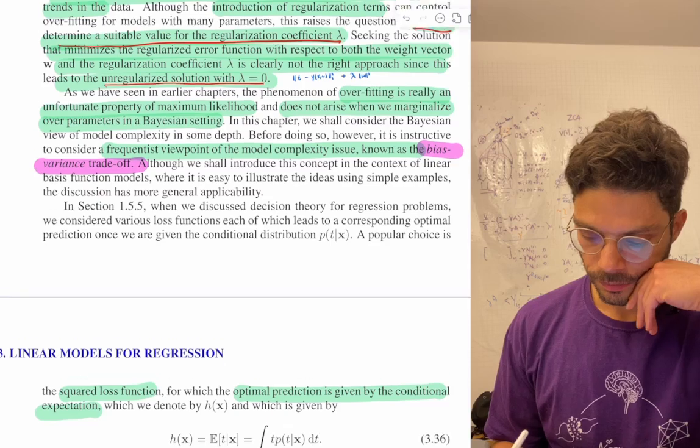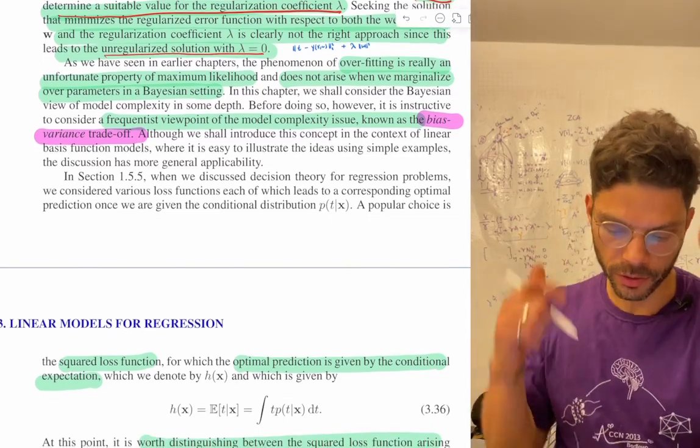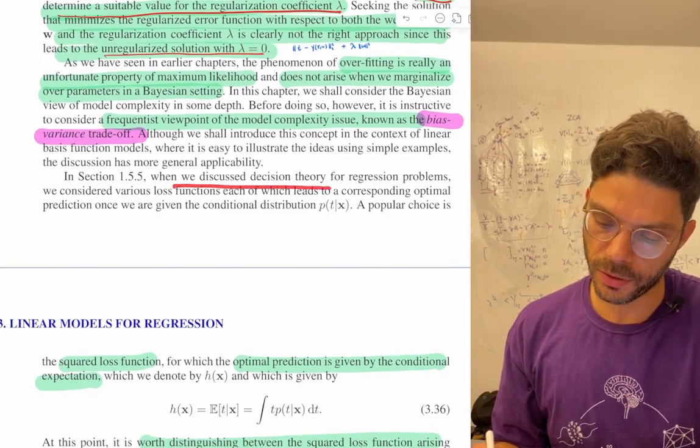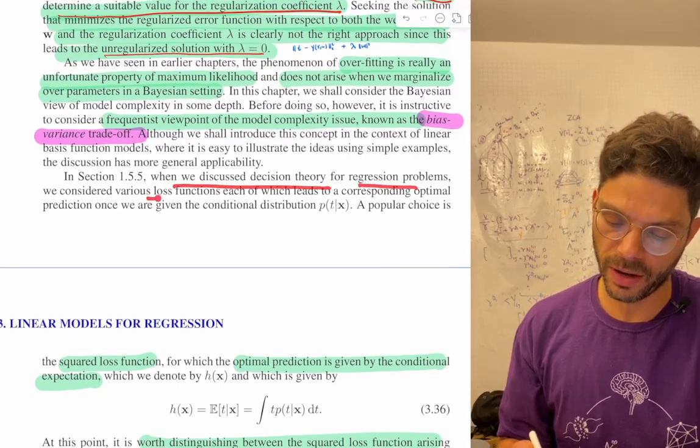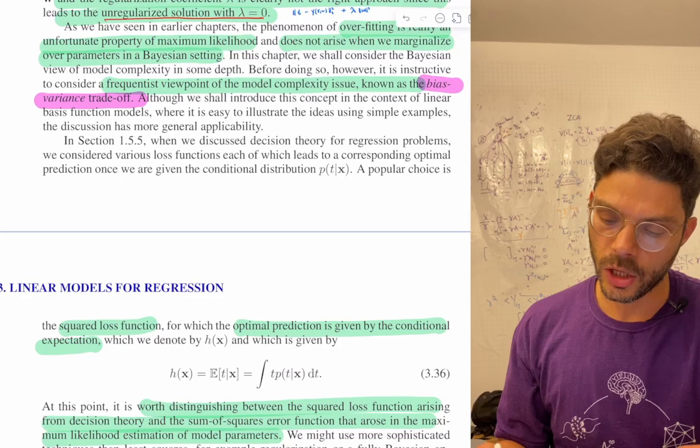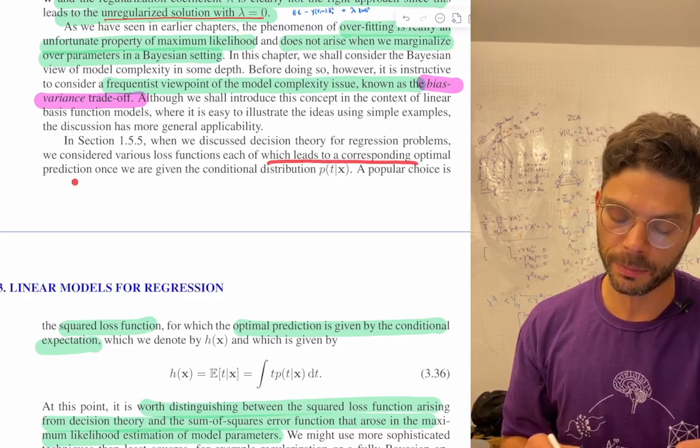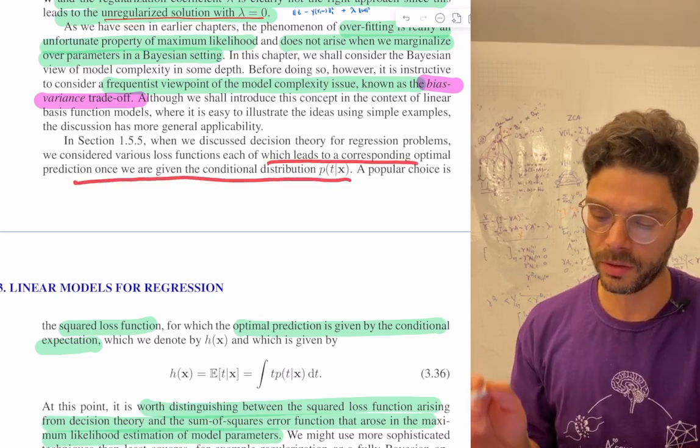So yeah, we'll see. Okay, so now we have to think back to our decision theory time. When we discussed decision theory for regression problems, we considered various loss functions, each of which leads to a corresponding optimal prediction once we're given the conditional distribution p(t|x).